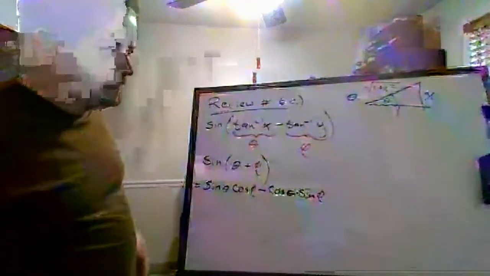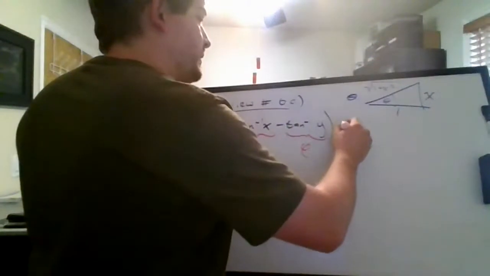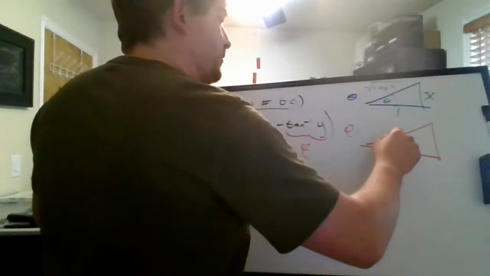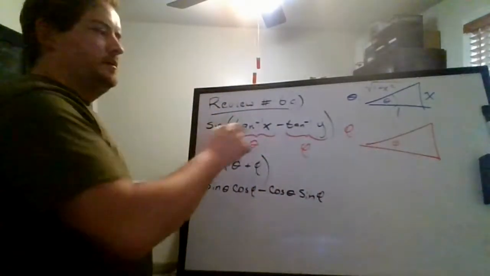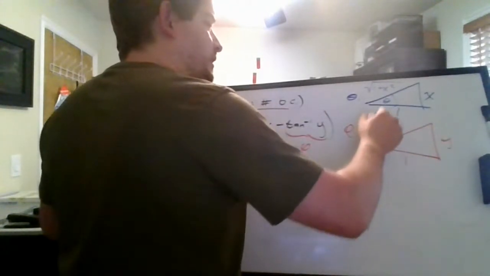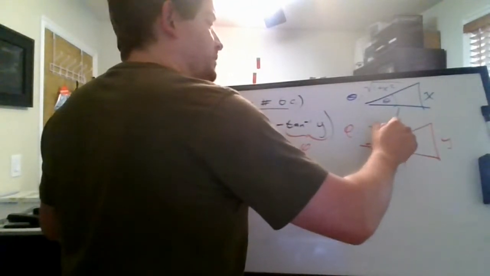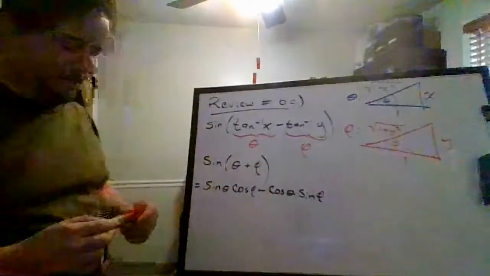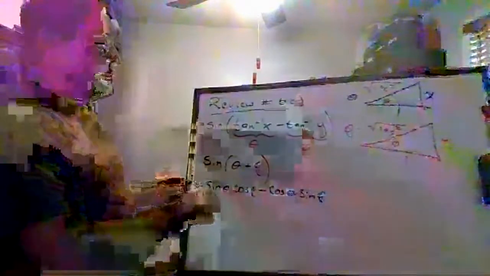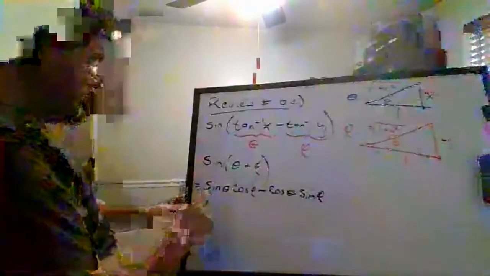Phi. Here I've got a phi, right? The tan inverse of y is phi. That tells me that I have a y here, a 1 here, and then my hypotenuse is 1 plus y squared under square root. So I should be able to pull all of these values from the two triangles. Sine of theta is x over the square root of 1 plus x squared.